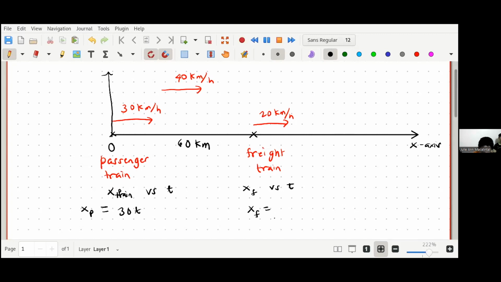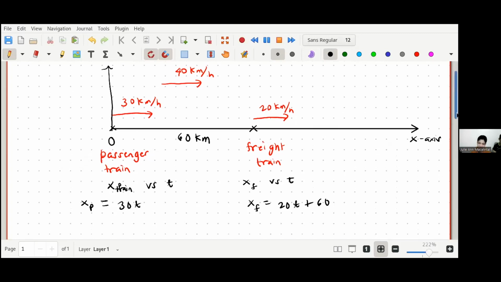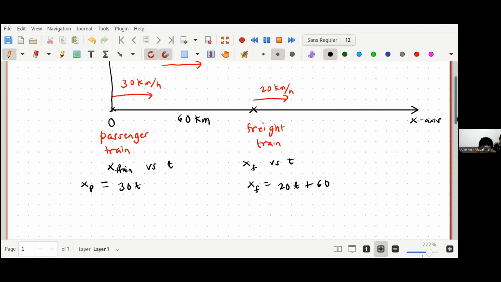So when T equals 0, nasaan yung freight train? 60. May plus 60. 20T plus 60. Ngayon, how can you use this to find yung time na nag-catch up yung passenger train? When they equal, it means they're at the same position, which gives us the time.